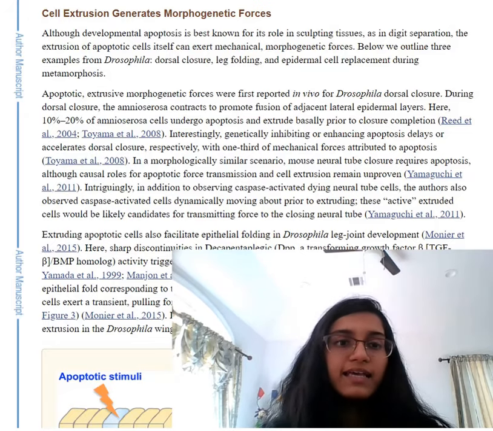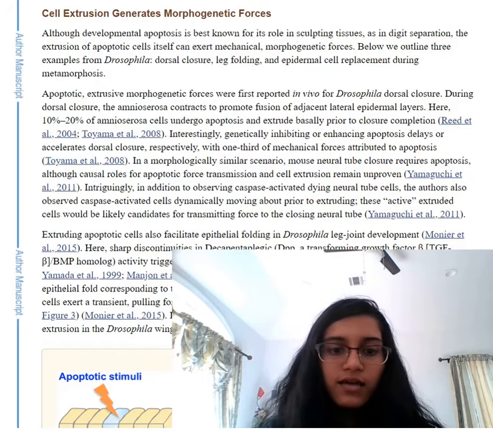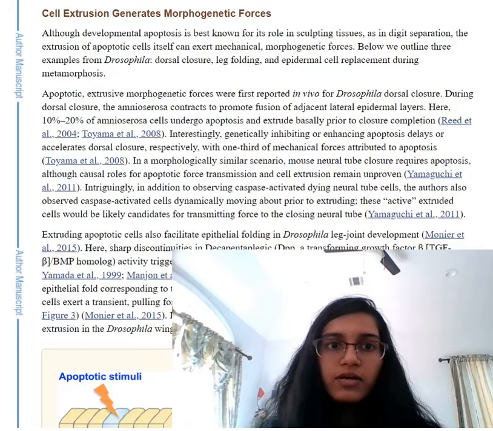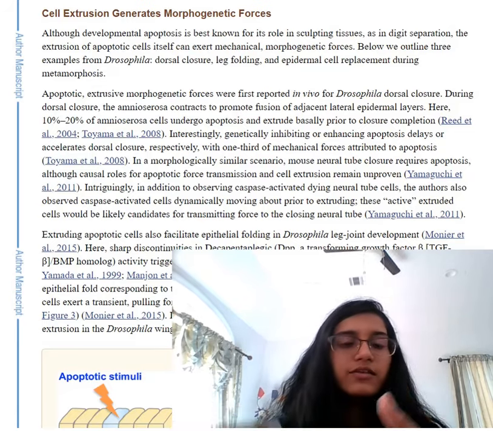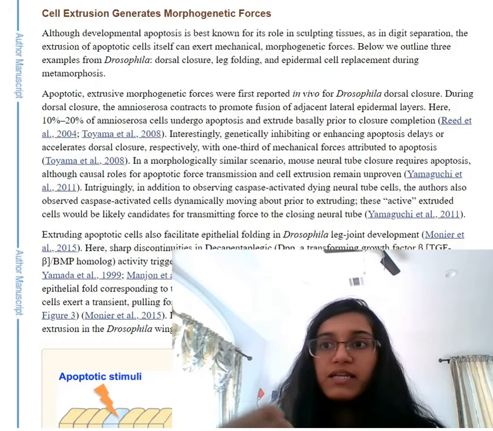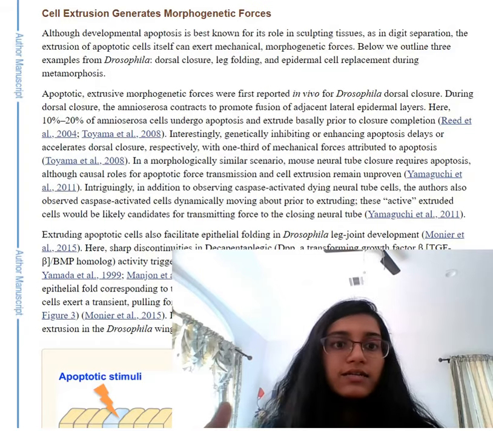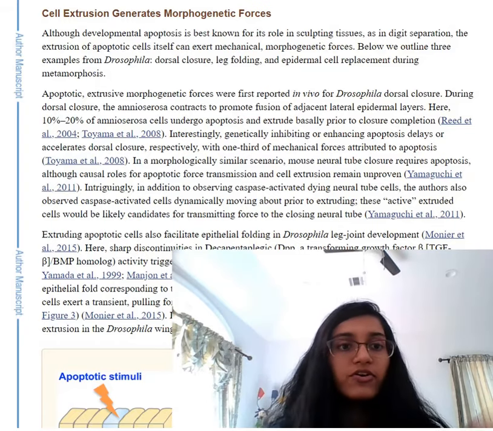And the next section is: cell extrusion generates morphogenetic forces. Again, as we talked about before, genesis is to create and morpho is shape. So essentially, cell extrusion helps to mediate how different tissues are sculpted. And that's essentially what the first paragraph here tells us.